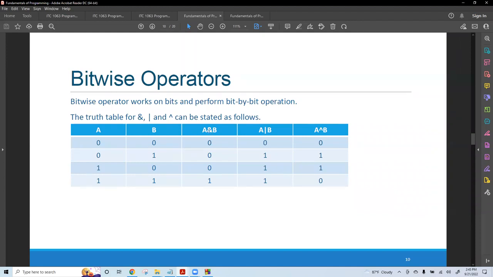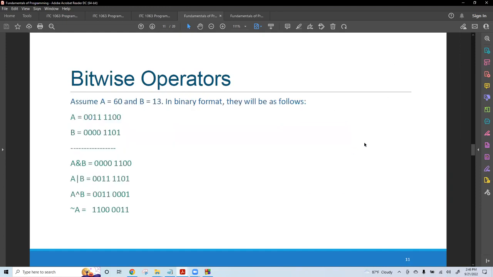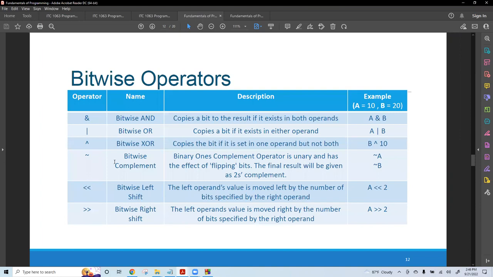However, in bitwise operators, we use just one ampersand. Or so we use just one. Let's see what are those bitwise operators, right? Like we have bitwise and, bitwise or, and then bitwise. So this is special. This is called bitwise XOR.